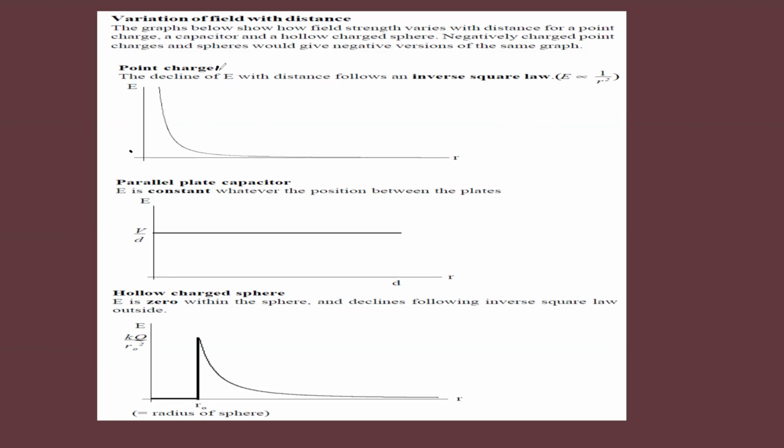That's the first one. If you have parallel plates, just now I explained the parallel plates, for unlike plates here, what happens? The electric force is constant and E equals F over Q. So the electric field strength is equal to force divided by charge.